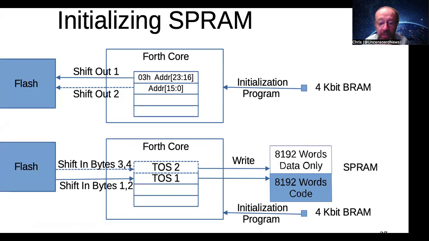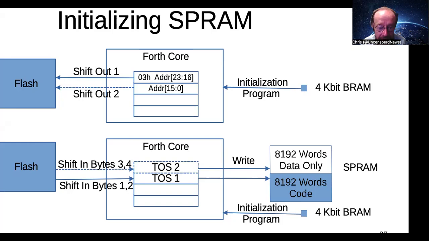Okay, so how do we actually initialize it? Well, remember we have this fourth core, and it's got shift in and shift out, so just use it, right? So we have one of these tiny 4 kilobit SPRAMs. We write a little program. It sets the instruction 03H, which is the instruction for give me some data from the flash. It gives the top 8 bits, and then we shift out the next 16 bits of the address we want.